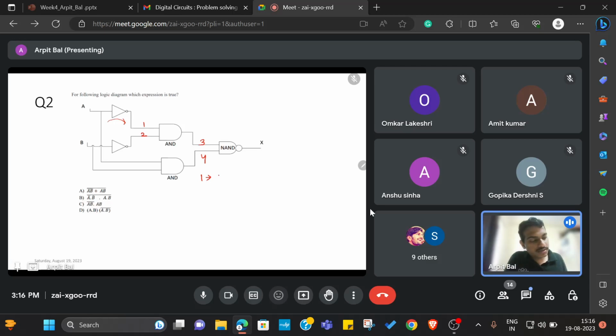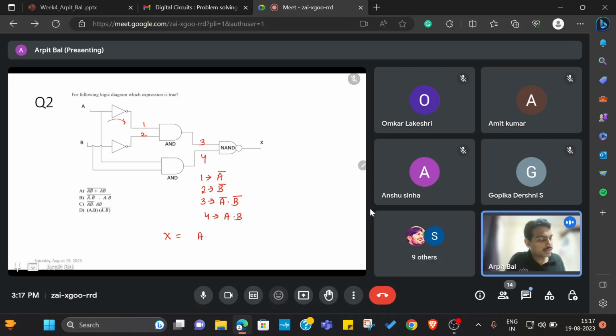So in this question, 1 will be a bar, 2 will be b bar, 3 will be a bar dot b bar, 4 will be a dot b. Our output x is equal to equation 3 dot equation 4 whole bar, right?